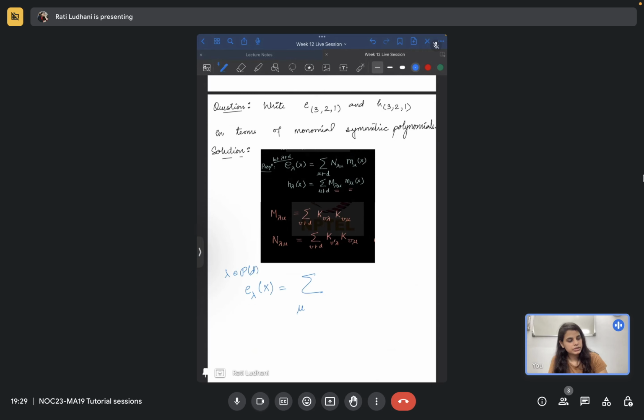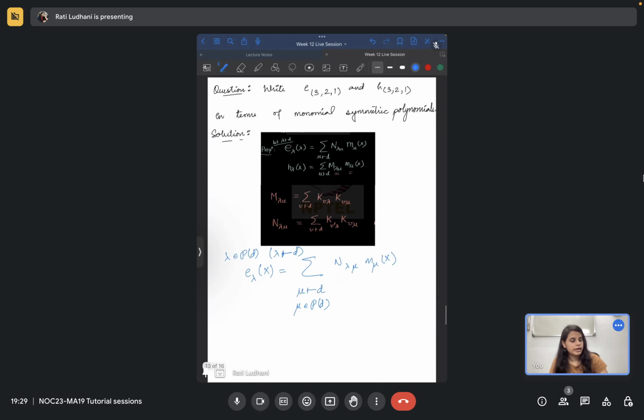The other way to write it is that mu belongs to partitions of d, and again there is no limit on n, so we are assuming that n is big enough. n means the number of variables. So this is e lambda x equals the sum of n lambda mu times m mu x.